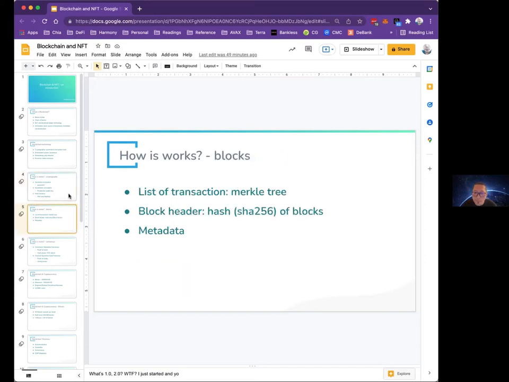So let's come to the blockchain block. What is a block? I'm just going to use a simple example here. The block structure could be very different in each blockchain, but there are some common properties of a block. I'm going to use Bitcoin as an example. A block consists of a list of transactions.